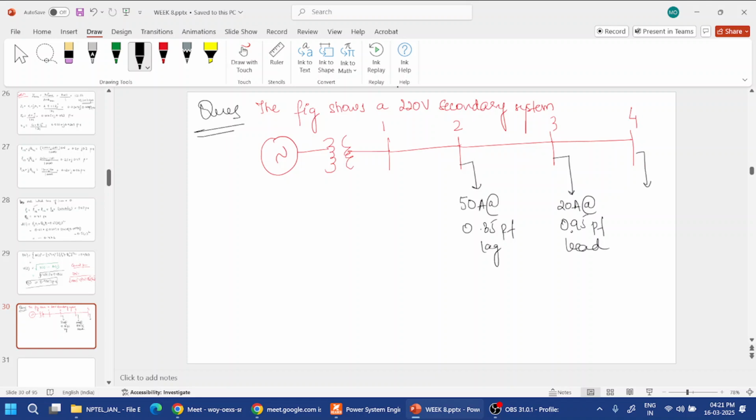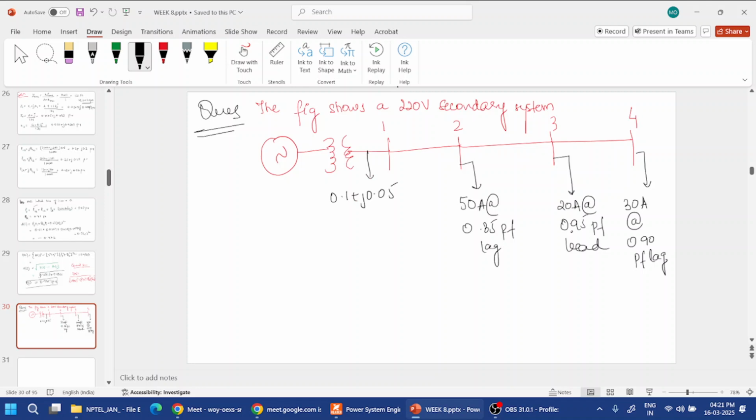At the fourth, 30 ampere at 0.9 power factor lag is connected. And the branch resistance is given, 0.1 plus j0.05.